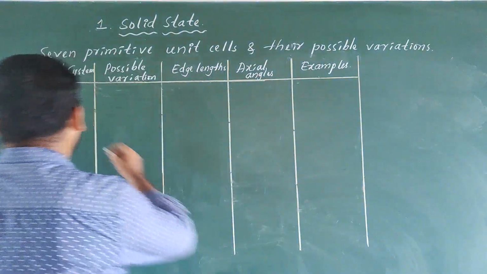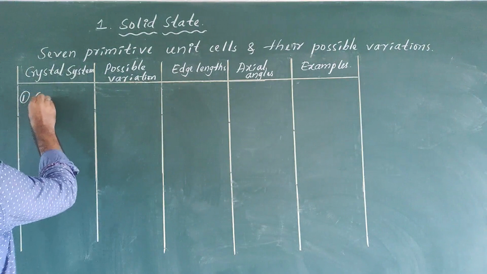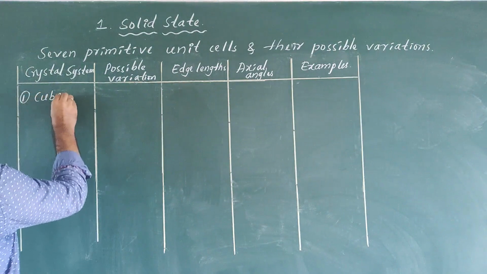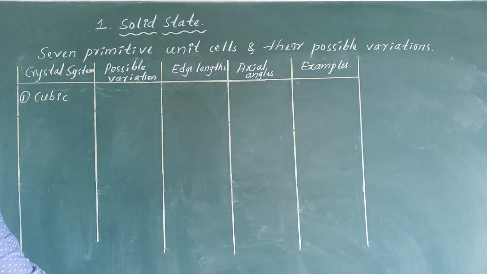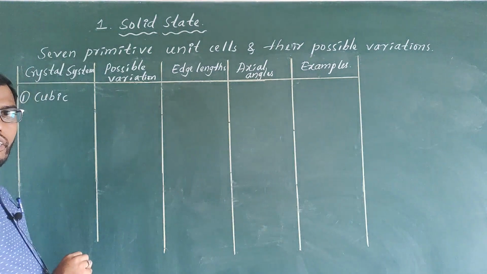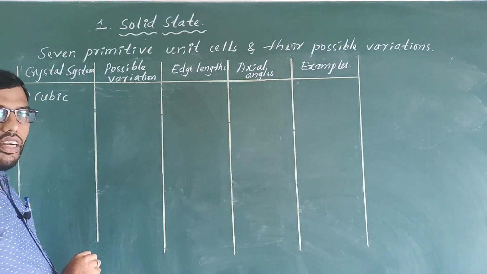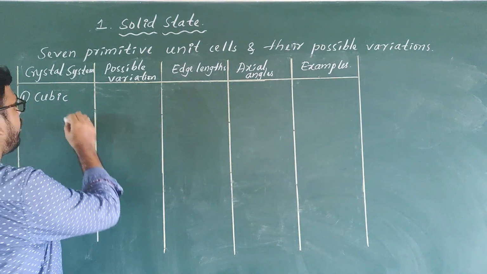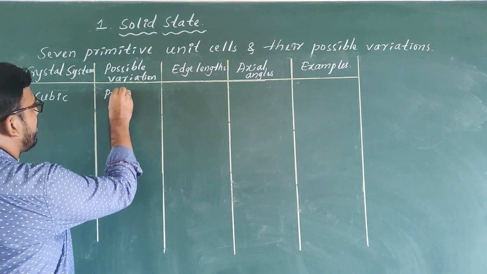Okay. So now the first one is the cubic crystal system, or cubic primitive unit cell. There are three possible variations for this primitive unit cell. First one is primitive.